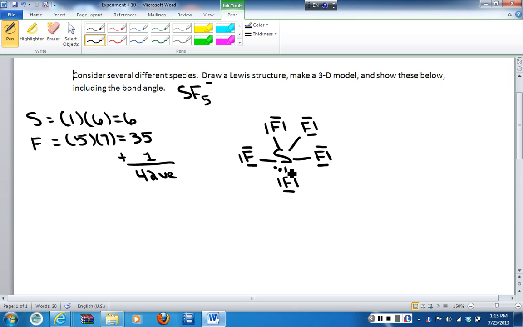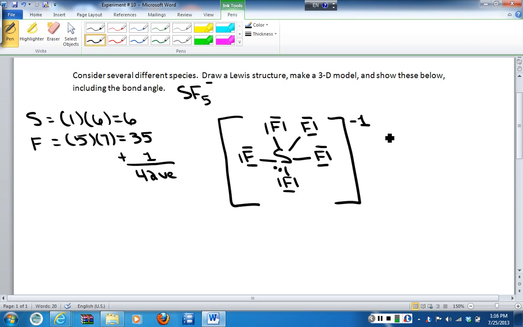If I look at the sulfur, I see that it's actually holding 12 valence electrons, but remember, because it is in period 3, we know that it can have an expanded octet. So this is the Lewis structure for this particular molecule, but remember, because there is a charge, we have to include our brackets and our charge.